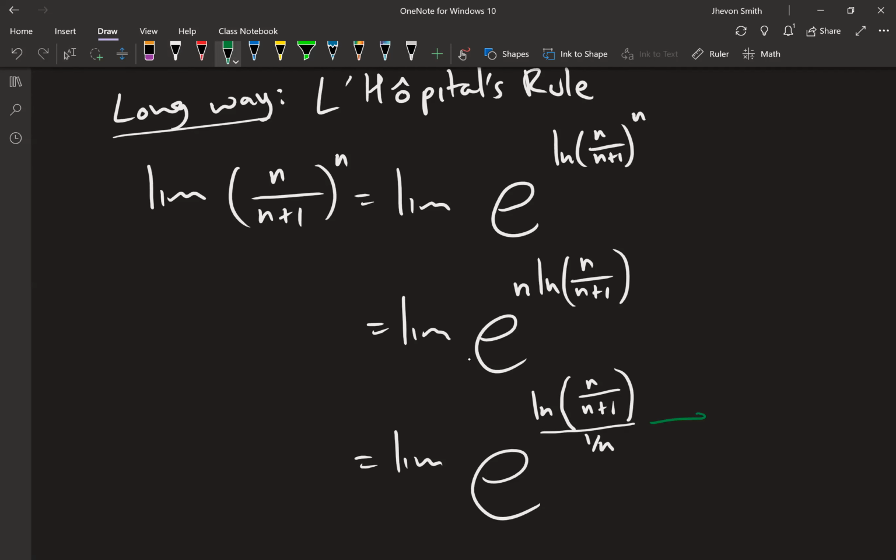At this point, I'd recognize that as n approaches infinity, this approaches 0 over 0, because what's inside the logarithm approaches 1, log of 1 approaches 0, and in the denominator, 1 over n approaches 0 as well.